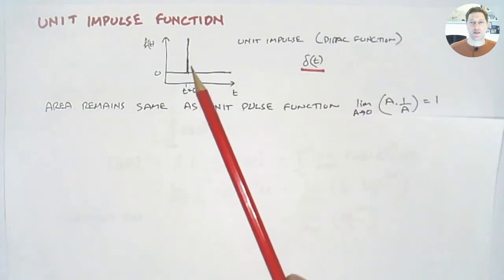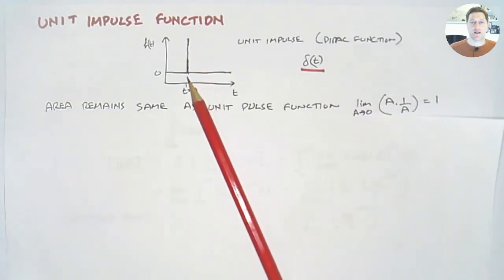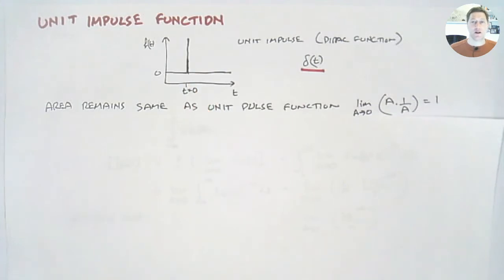And the consequence of that is that when t equals 0, this function f of t is infinitely high, so it doesn't have a value for its height. But it's a useful function. It represents an approximation of what can happen in real life, where you have a very sudden, very short duration event.